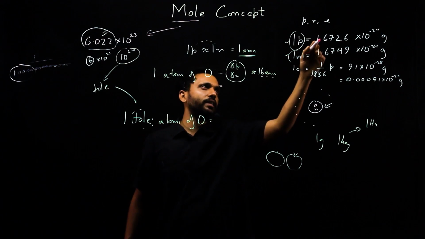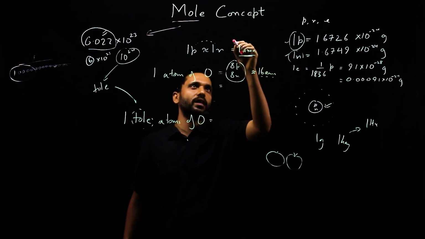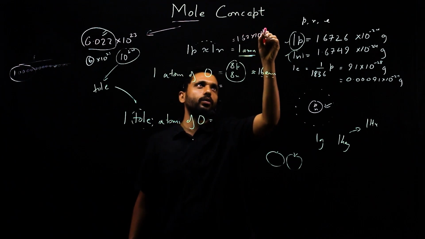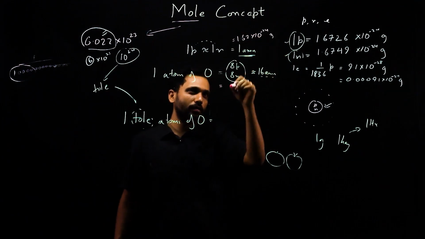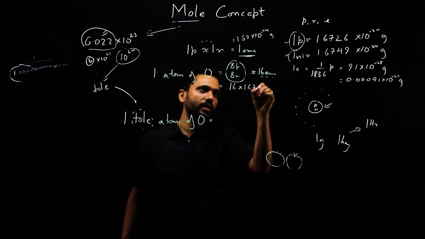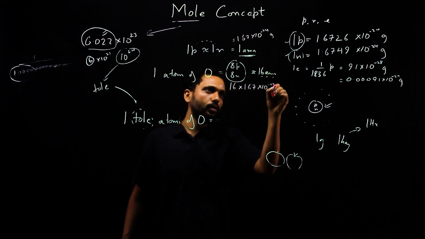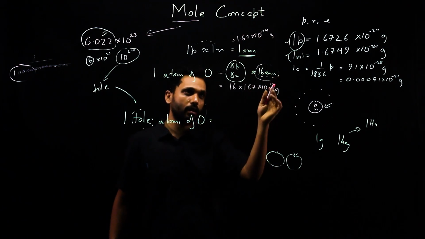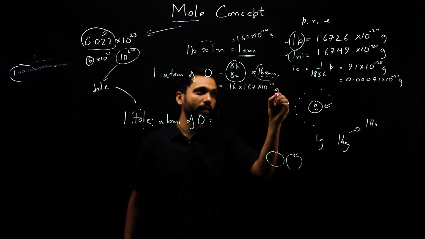If I say both of them are roughly the same and around 1.67 into 10 power minus 24 grams, then you have 16 of them, so the answer will be 16 into 1.67 into 10 power minus 24 grams, which won't be a pretty number like 16, because that was just counting, and this is the actual weight in grams.